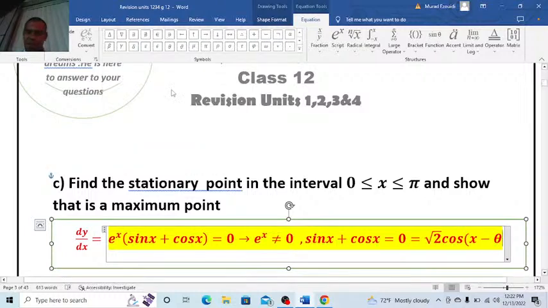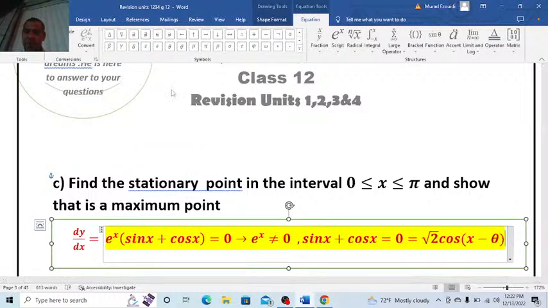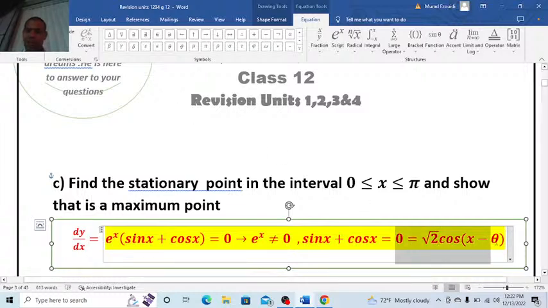Okay, we close this parenthesis. Equal to what, my learners? Equal to 0, means I should solve this equation.